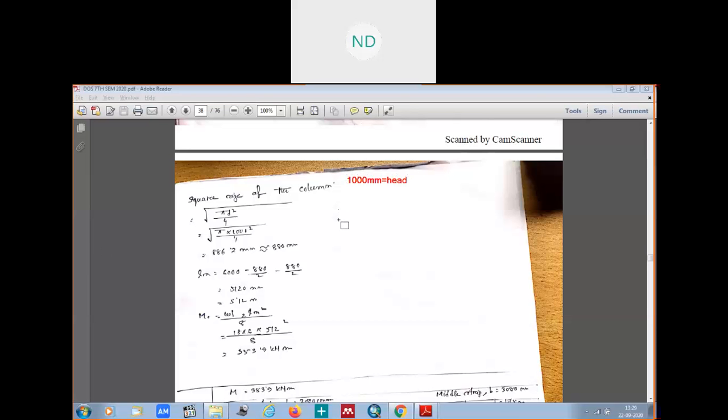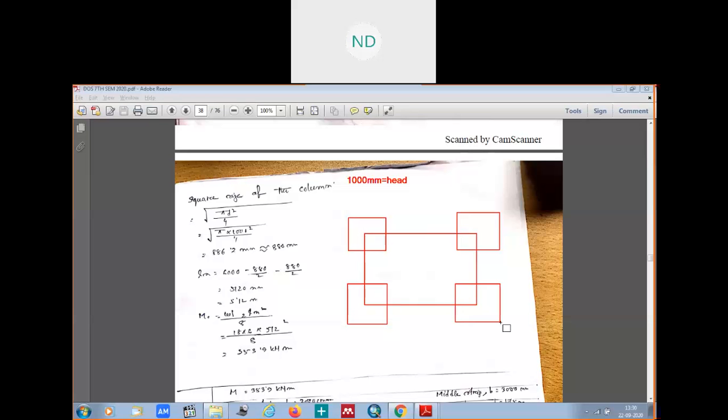see here, this is your panel, this is your square panel. This is your column strip, this is your column strip, right? Now what is your column?